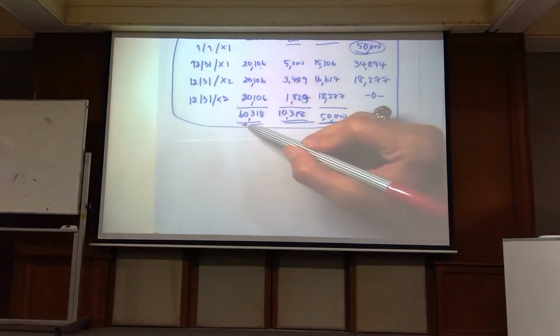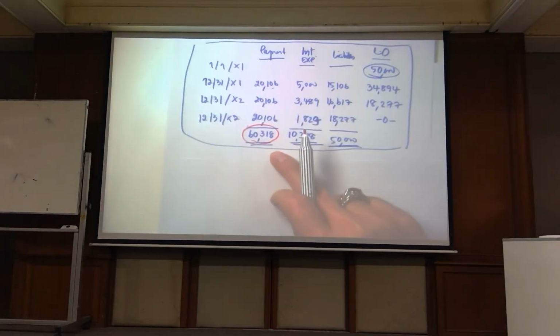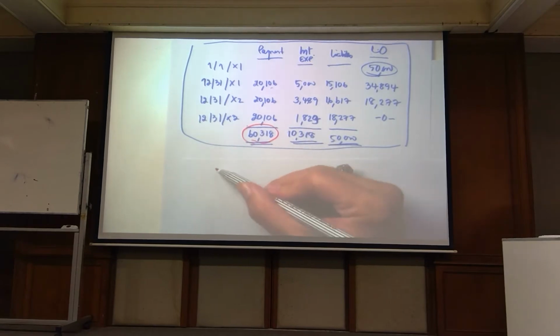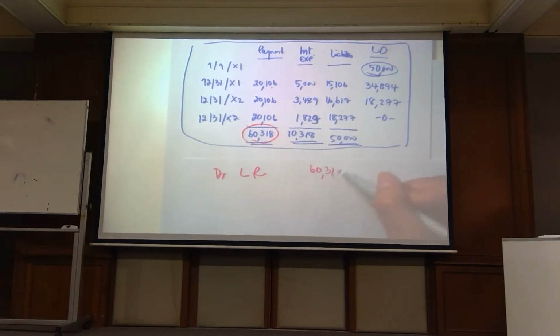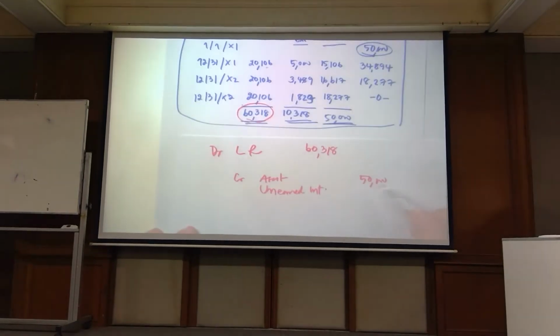Total contract, this is what you're going to get from the whole contract, right? So that's why you debit lease receivable for 63,318. And of course, the fair value of the asset as we just mentioned before, you credit the asset at 50,000. So the difference here turns out to be unearned interest. All right, for 1.